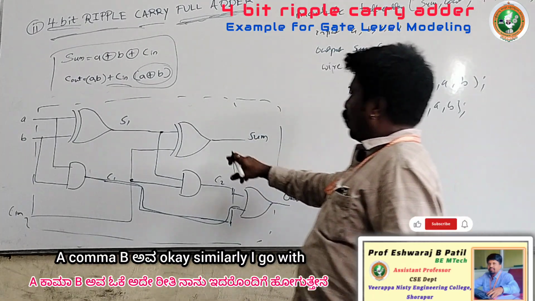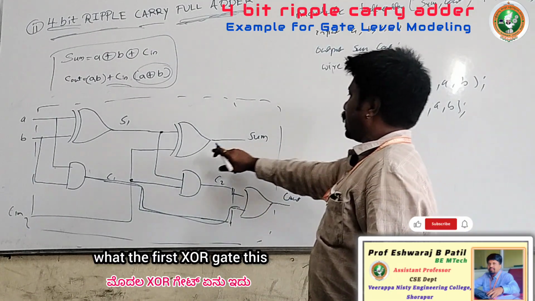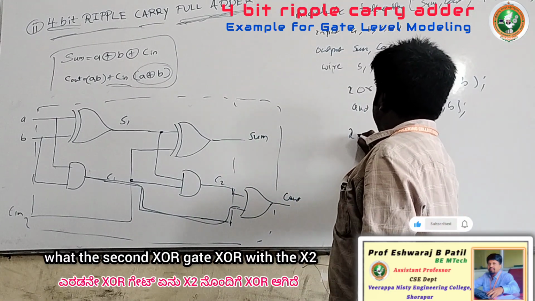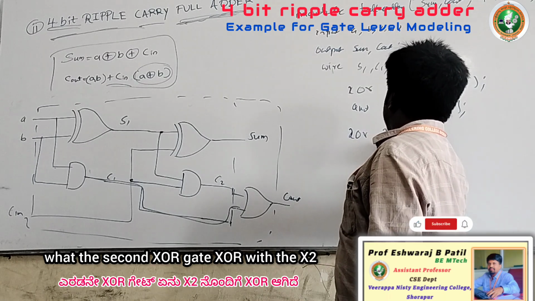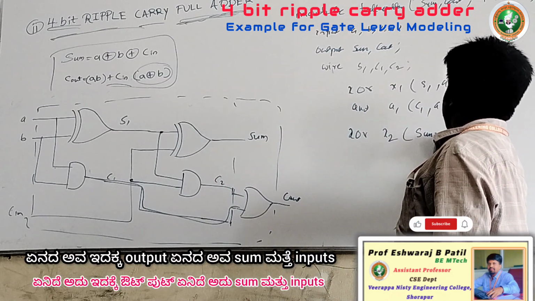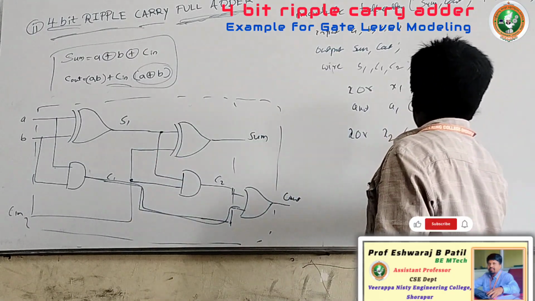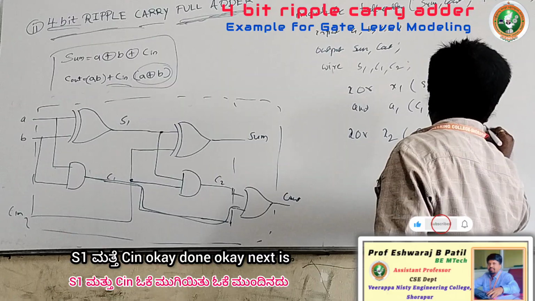Similarly, I go with the sum output, this first XOR gate, this second XOR gate, X2. The output is sum and the inputs are S1 and Cin.